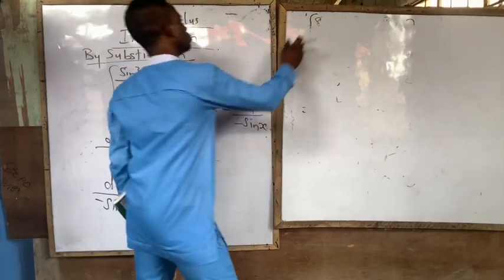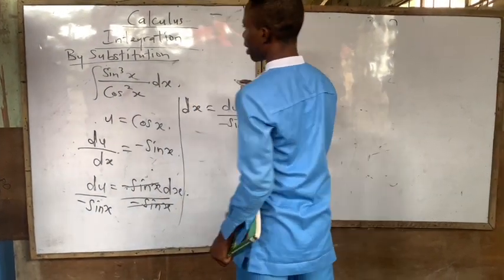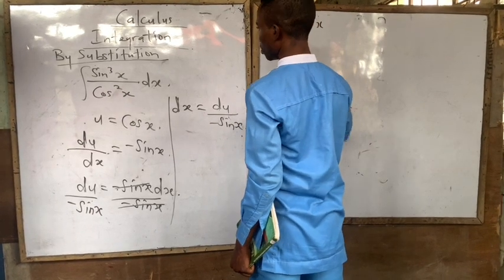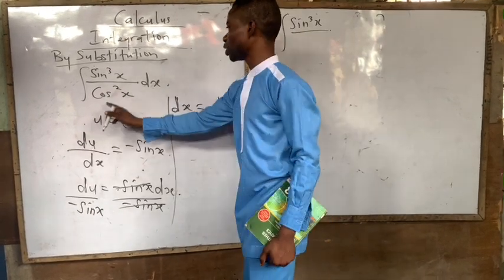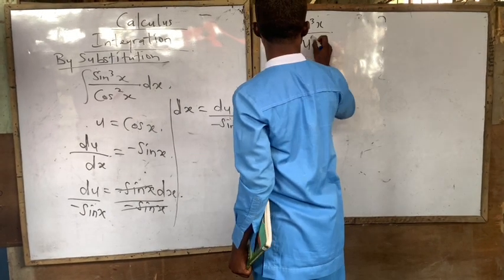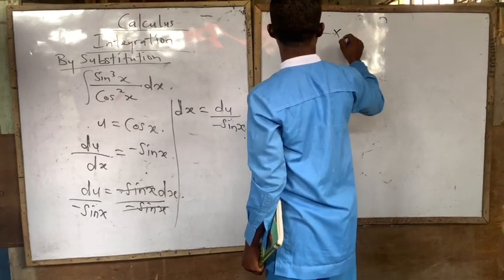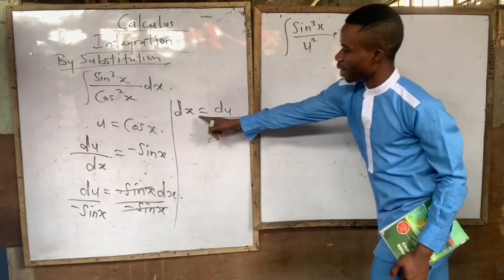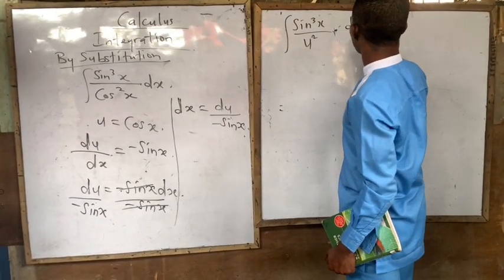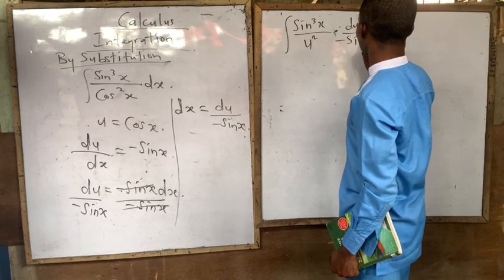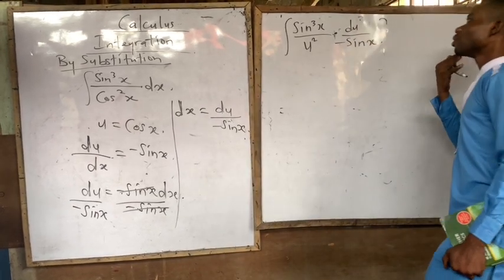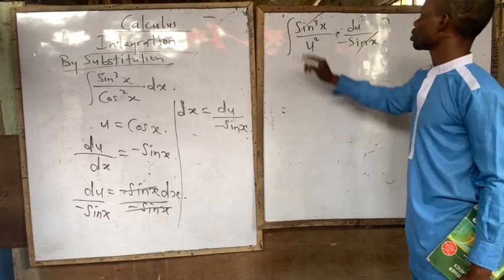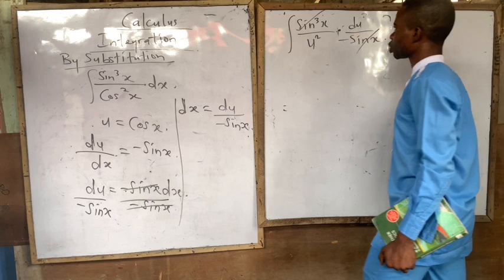We can now reframe it. We have sine cube x all over, I've represented this one by u, that means u squared, multiplied by, what's our dx? Our dx is now du all over minus sin x. Now when I have this, I can cancel this, so we are going to be left with sine square x.